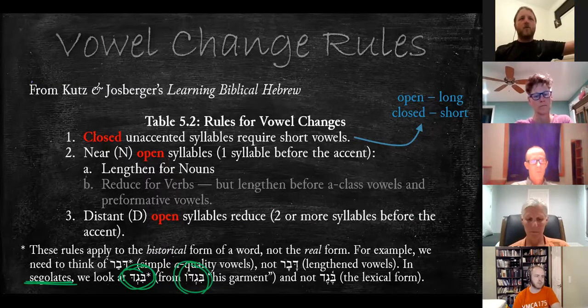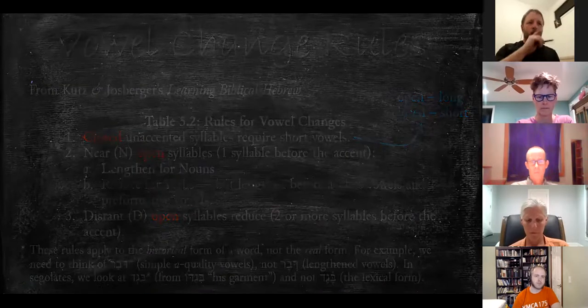Kalbo, kalb. Malko, malk. Yaldo, yald. These are the Segolate nouns. And the historical form is not beged or sefel or yeled. That's the extrapolated form that we received, but it's not the historical form.